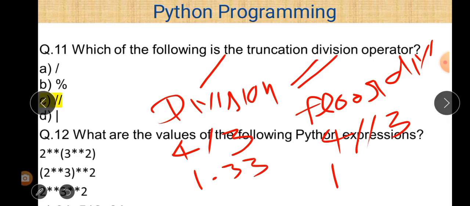We always consider the integer part of the expression. So the integer part is 1. In the first case our answer is 1.33 and in the second case the answer is 1. So we can say that the floor division operator basically truncates the final value, that is, the part after the decimal. So our answer is double slash, the floor division operator, which is also called the truncation division operator.